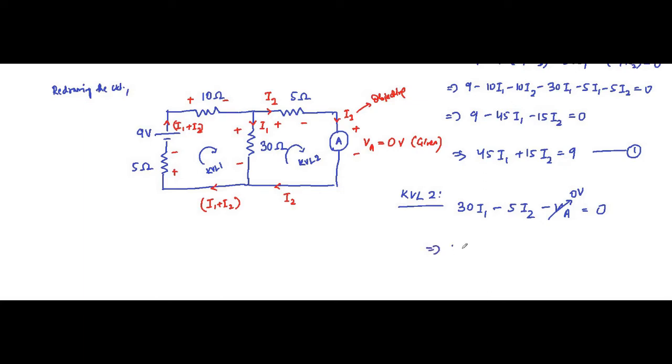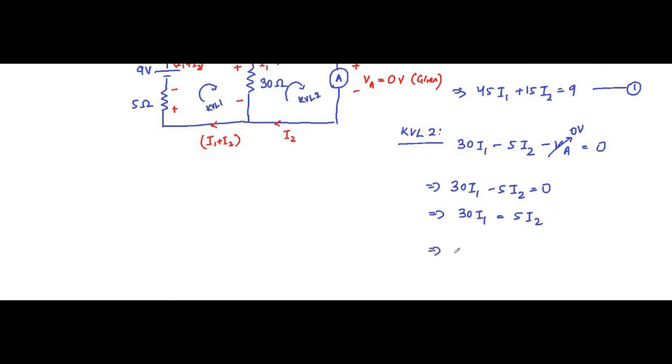That implies 30 I1 minus 5 I2 is equal to 0. That implies 30 I1 is equal to 5 I2. That implies I2 is equal to 30 by 5 I1, which is equal to 6 I1. I2 is equal to 6 I1. This is the second equation that we have got.